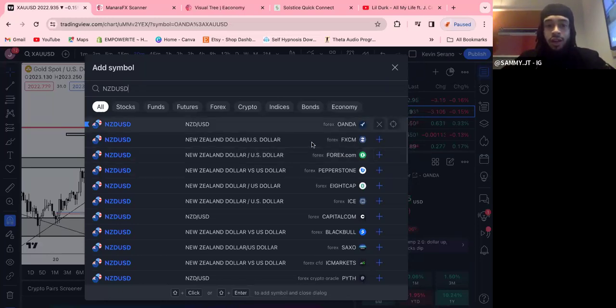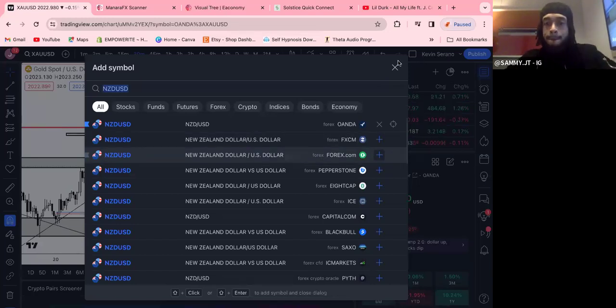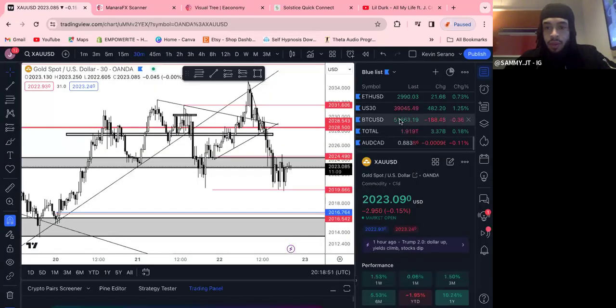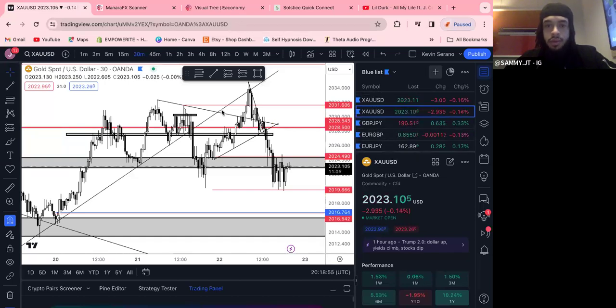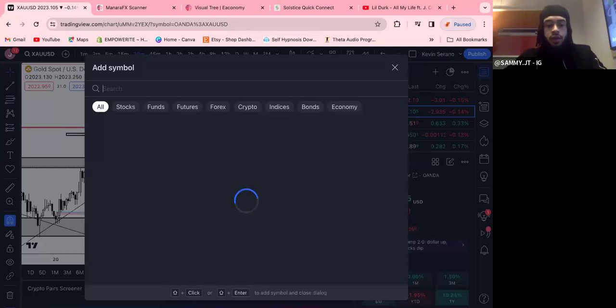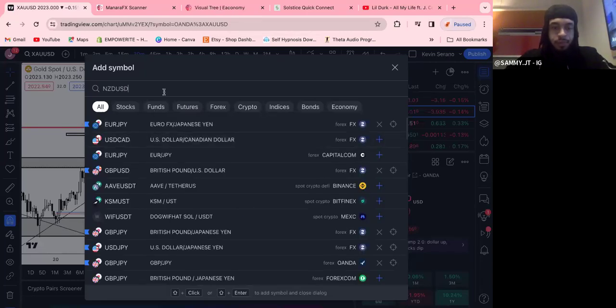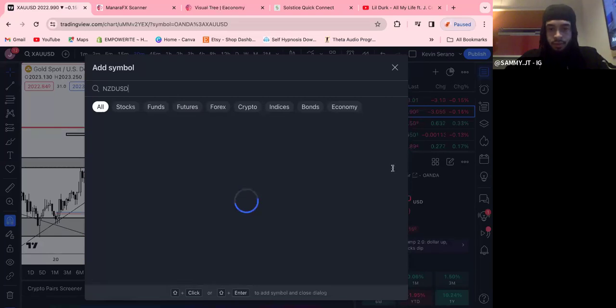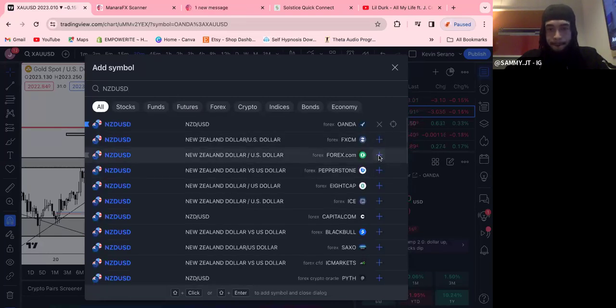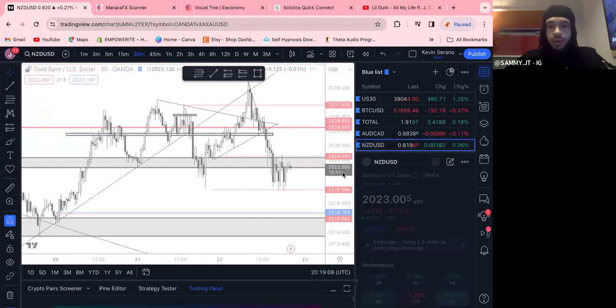So let's click Forex.com for this example, all right? NZD/USD. Cool.